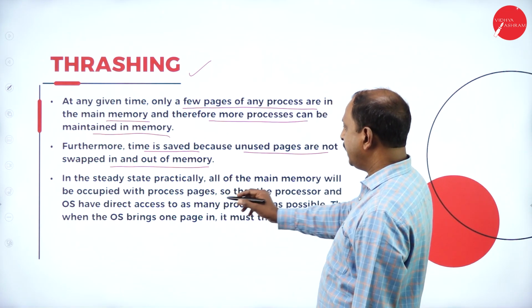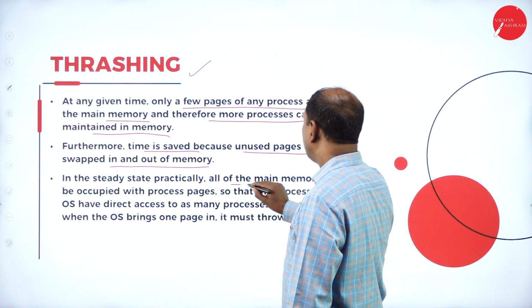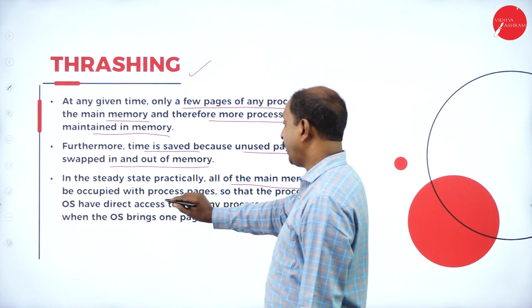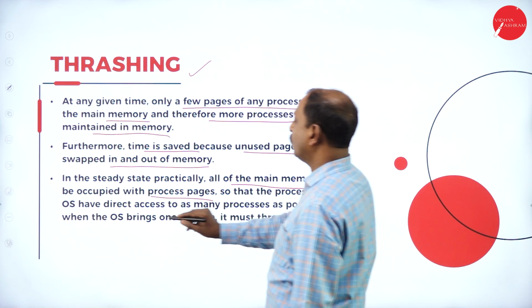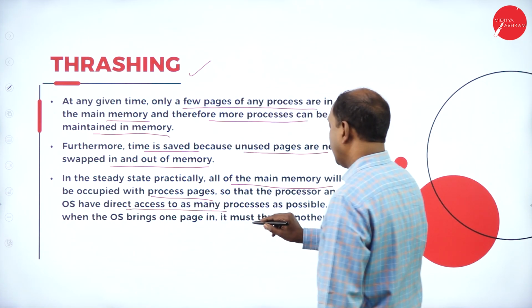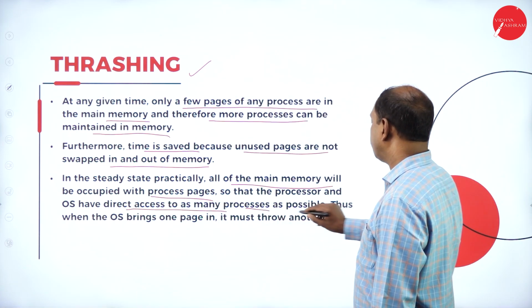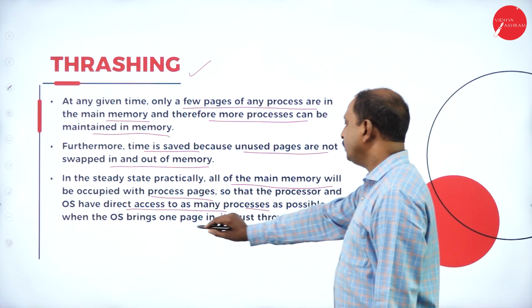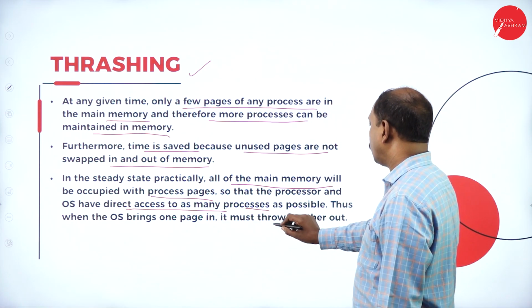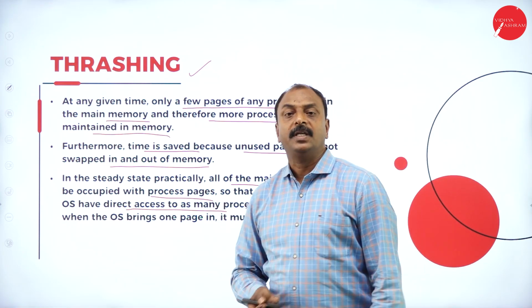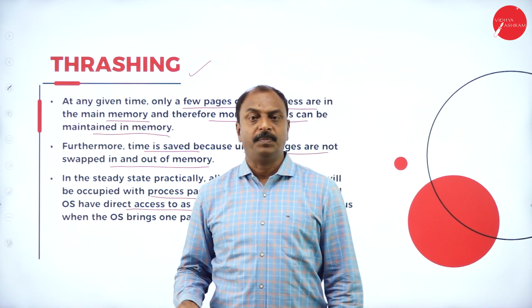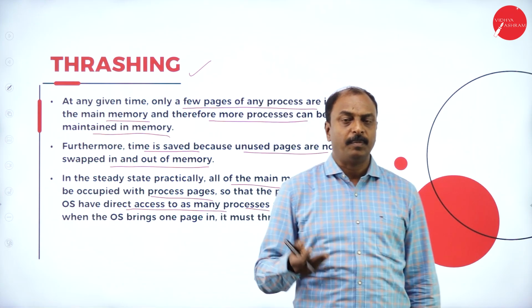Now, in the steady state, practically all of the main memory will be occupied with process pages, so that the processor and OS have access to as many processes as possible. Thus, when the OS brings one page in, it must throw another page out. See, this is the concept. Whenever any process is to be processed in the CPU, it has to be in the main memory.